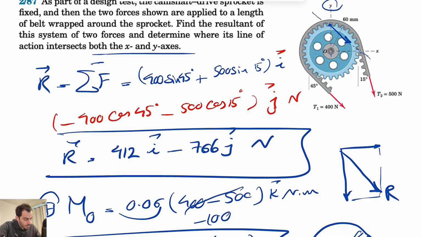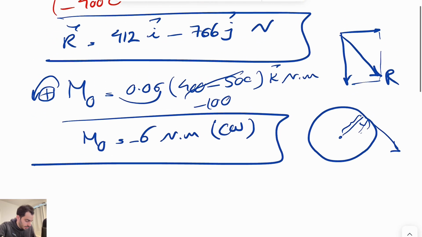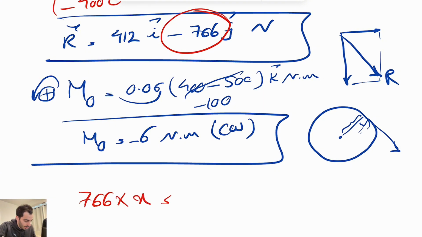We can resolve the force in x and y. Let's do the x-intercept first. We need the y component of R, so Ry times x is going to give us the x-intercept. Ry is 766 times x, and the moment is 6 newton meters.